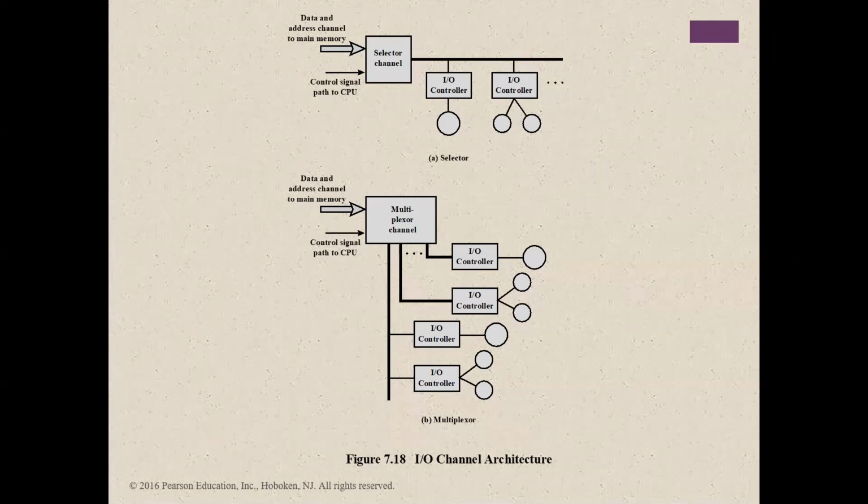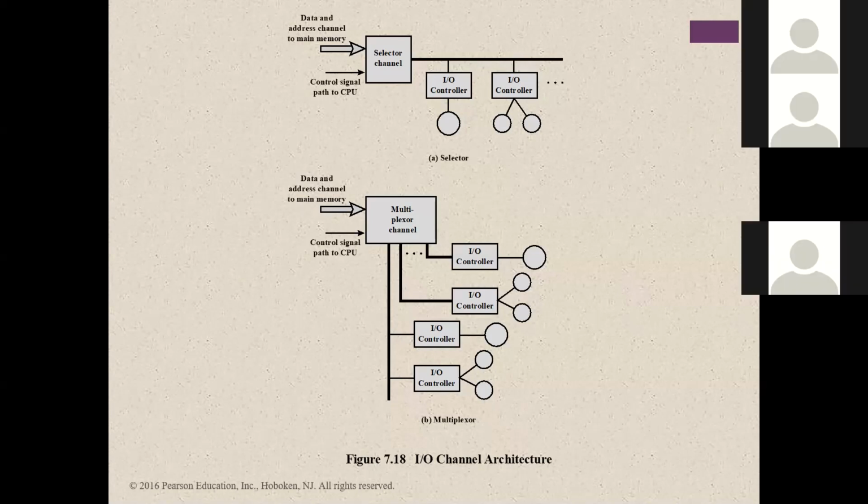Each device or a small set of devices is handled by a controller or an I/O module. That is much like the I/O modules we have been discussing. Therefore, the I/O channel serves in place of the CPU in controlling these I/O controllers. The next one, a multiplexer channel, can handle I/O with multiple devices at the same time.